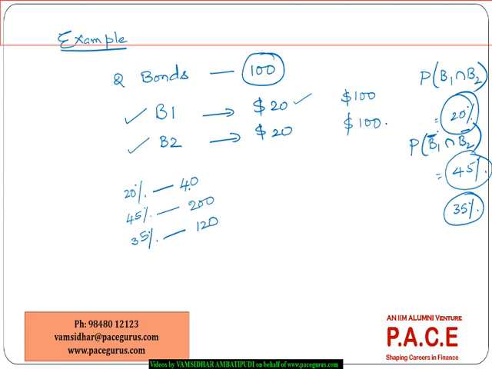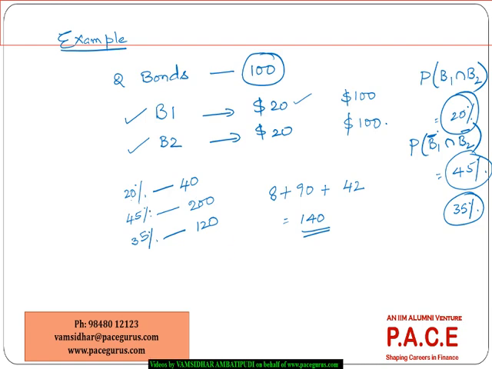The mean is probability multiplied by the value. 20% times 40, which is 8. 45% times 200, which is 90, plus 35% times 120, which is 42. So this is working out to 140. So the mean is around 140 for this case.